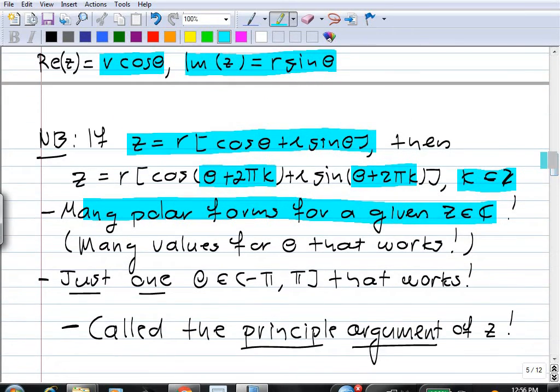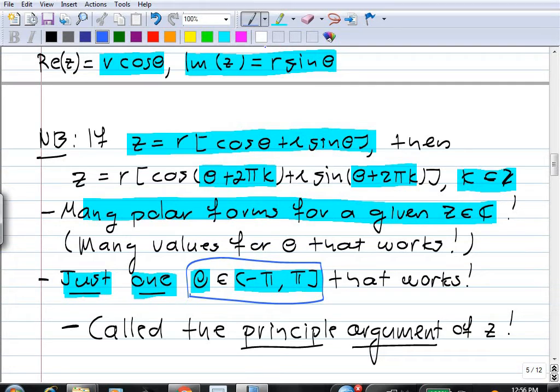Right? But our previous theorem tells us that there's just one theta that sits in the interval minus pi to pi, right? And this one theta in minus pi to pi, we call the principal argument of z.